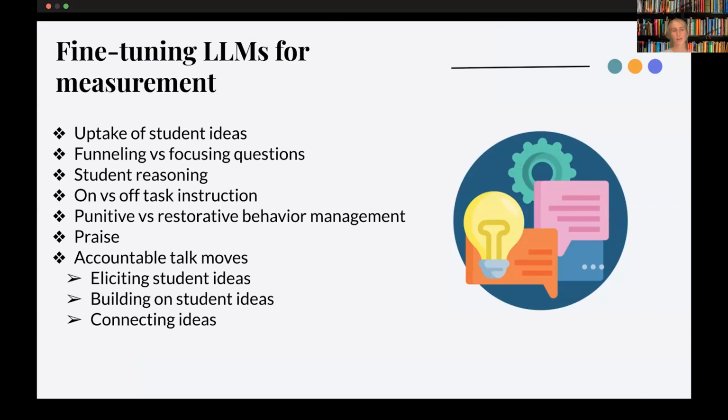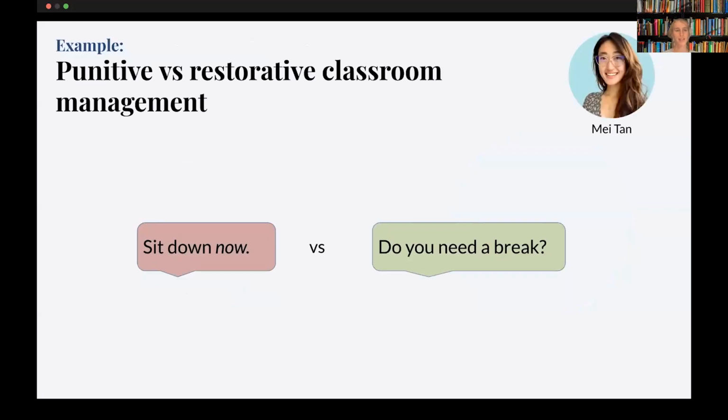So we have several models that are fine-tuned using expert annotated data on different types of strategies, like teachers' uptake of student ideas, their types of questioning, like are they asking questions that try to probe the student's thinking or just getting them to say the right answer? Is the student reasoning, or are they just saying something, that could be guessing? And then some of these other talk moves that I'll jump into in a little bit.